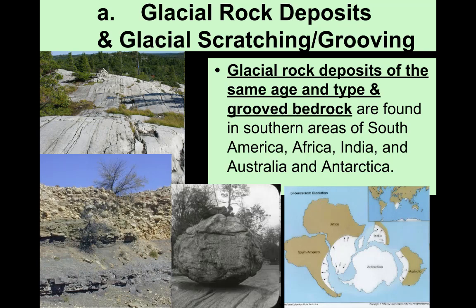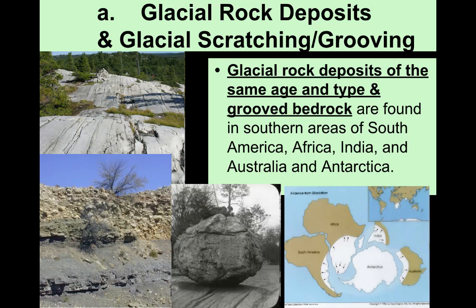So glacial rock deposits are found in many different locations on the planet, in particular South America, Africa, Antarctica, India, Madagascar, and Australia. So similar glacial rock deposits are found on those land masses.